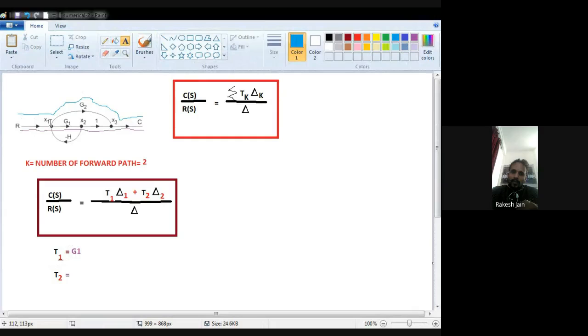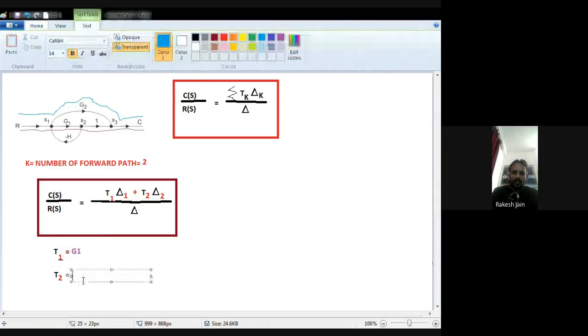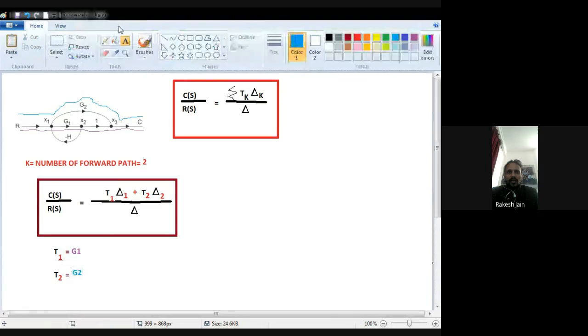What is my second forward path gain? With this light blue color I mention it in the graphical representation. I start from the input side R and reach the x1 node; nothing is written for that branch, so the gain is 1. Then I reach x3 directly with this branch whose gain is g2, so 1 multiplied by g2. Then I reach the output side with nothing written, so 1.